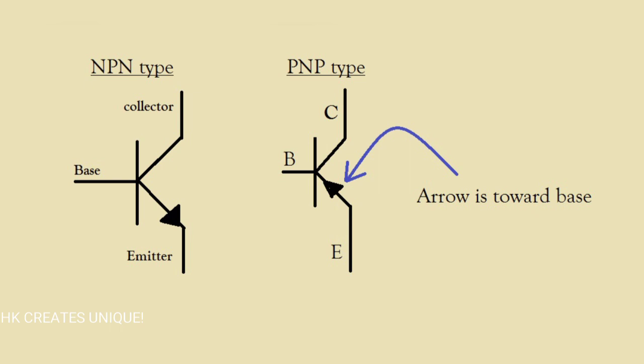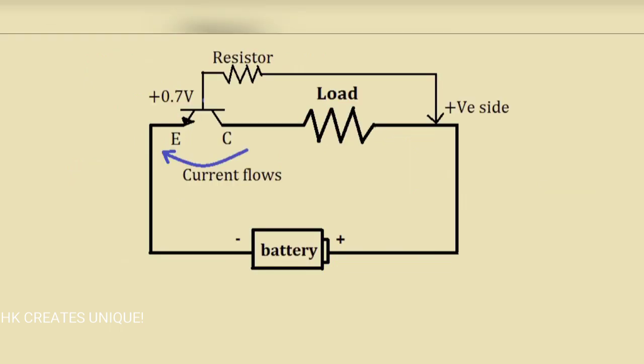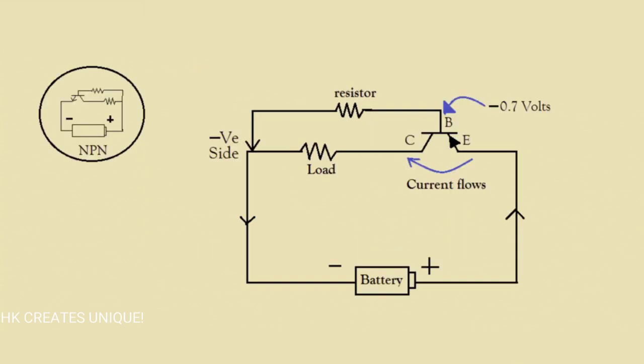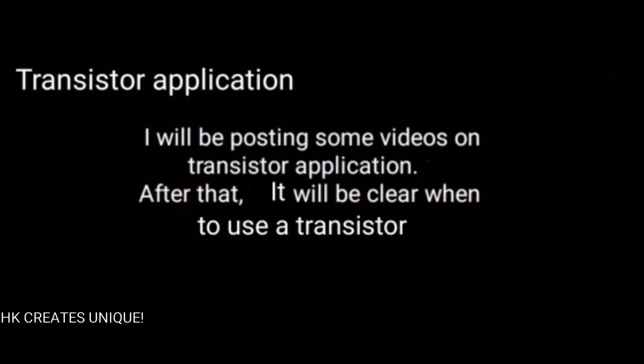In case of PNP type transistor, it is towards base. NPN type transistor requires positive 0.7 volts to function. In case of PNP type transistor, it requires negative 0.7 volts to function. This is the only difference between PNP and NPN type transistor.